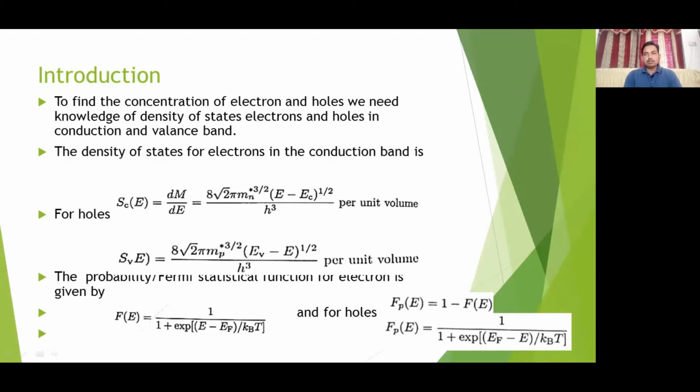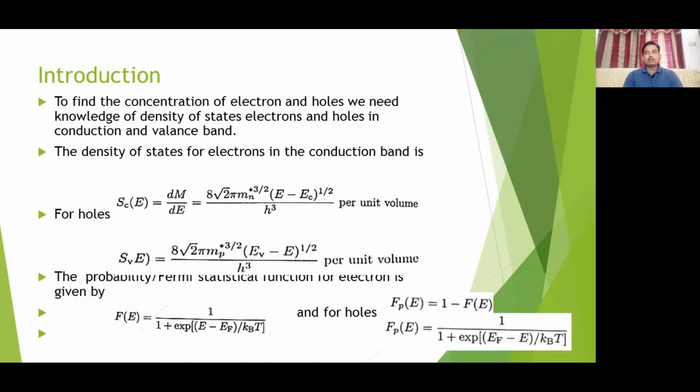That is the procedure we have done. For the holes we use subscript p, and for electrons we use subscript n. So 1 minus the probability function for the electrons is equal to the probability function for the hole. If you simplify it, you simply get 1 over 1 plus exponential of EF minus E over kBT. It is a very simple calculation, so everyone of you can easily do it.